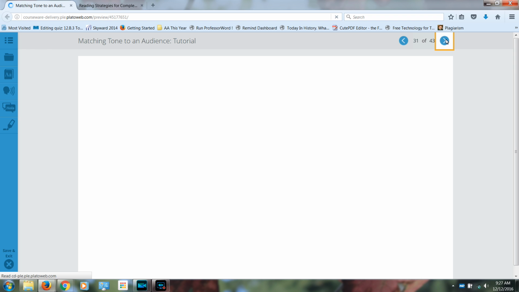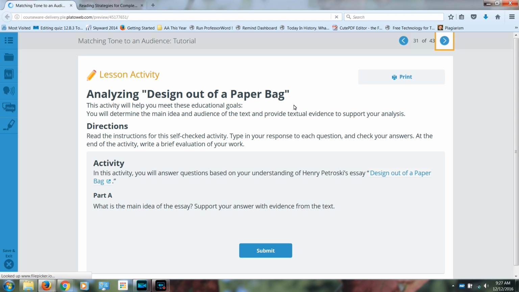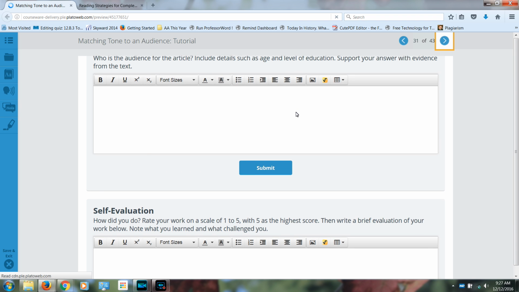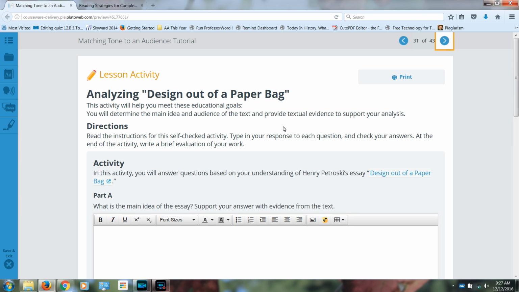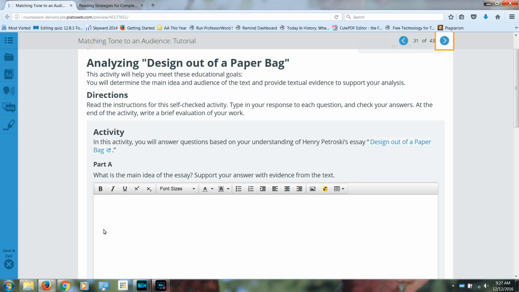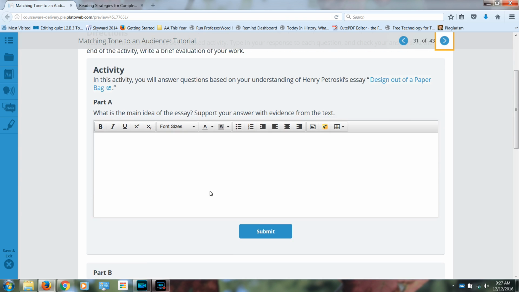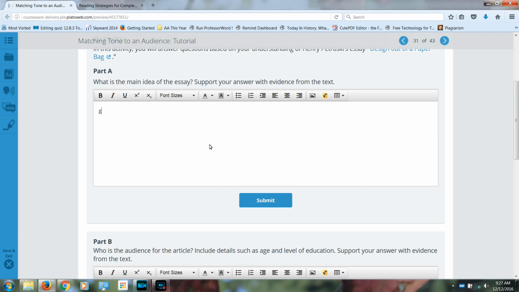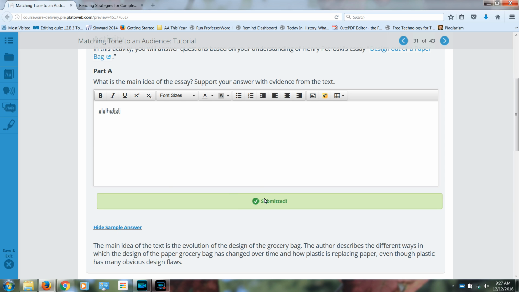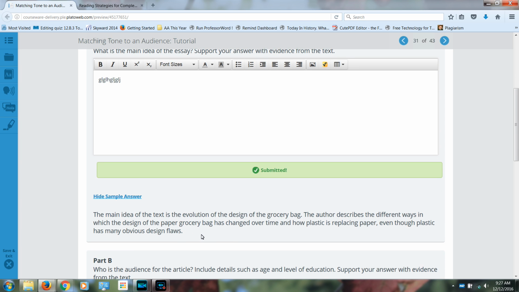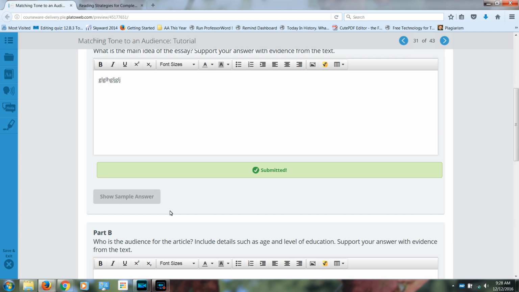Use these as practice. It's going to tell you about the main idea. This is going to give you a suggested answer, or a sample answer, is what they're calling it here. Utilize them. Write those down. It will help you understand the material.